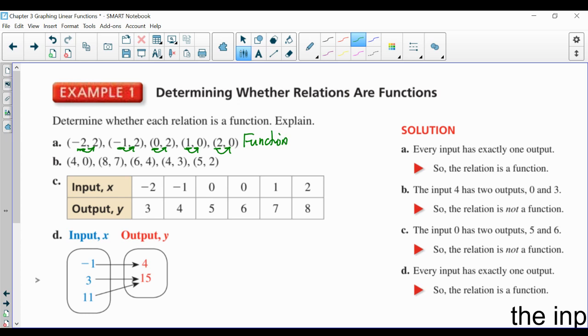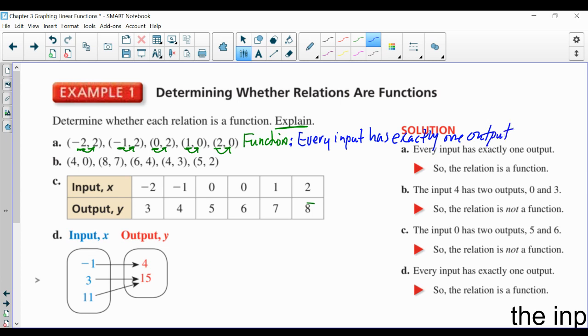Because it says explain, I would write: every input has exactly one output.